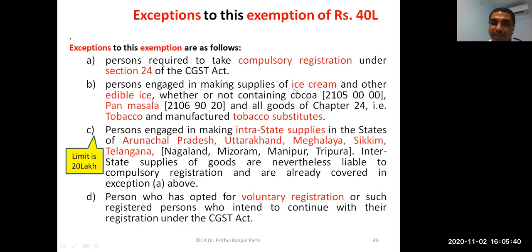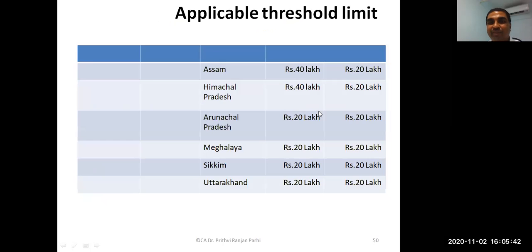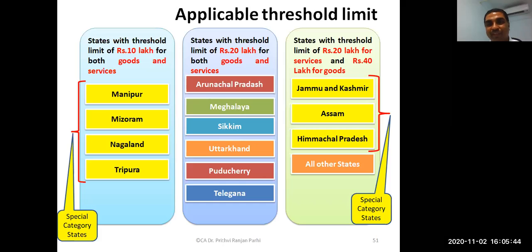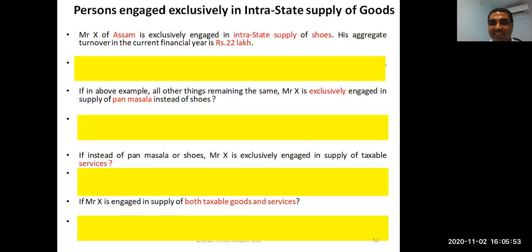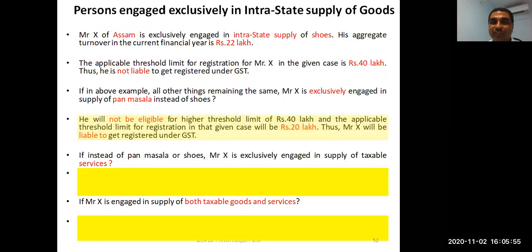So if you are supplying pan masala, then even if you are in the state of Assam, the higher limit of 40 lakh is not applicable to you. What is applicable is 20 lakh. Okay, sir.